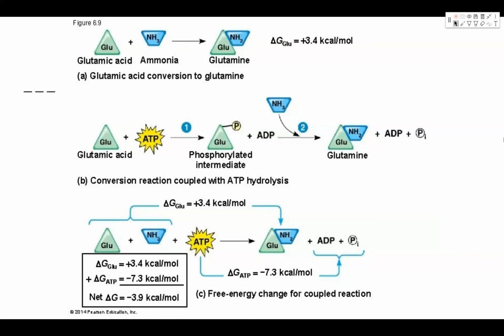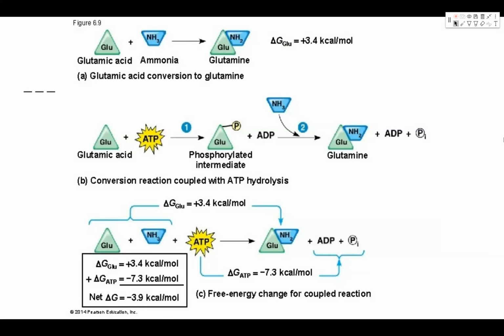So our delta G for this first reaction was negative 3.4. So our delta G for the glutamine was positive 3.4.